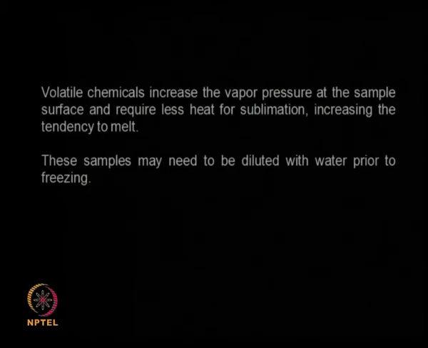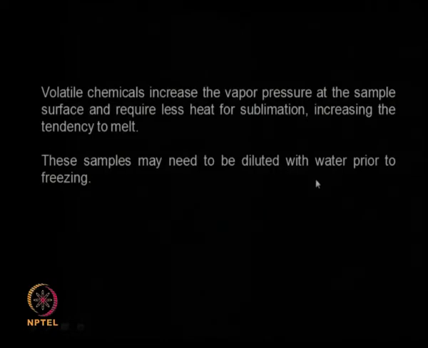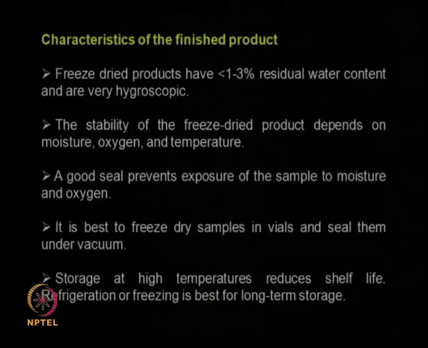If it forms a frozen solid, then it becomes easy for you to convert it into vapor by applying heat, but if it is forming a melt, then it is not good. So we need to dilute it with water prior to freezing. By having more water, we can form solid ice, that is much better. So volatile chemicals always lead to problems in lyophilization.